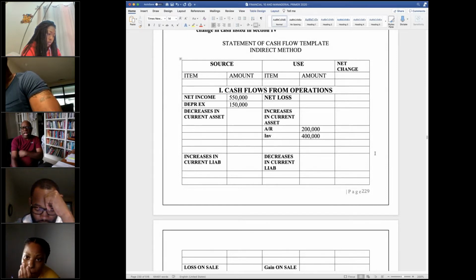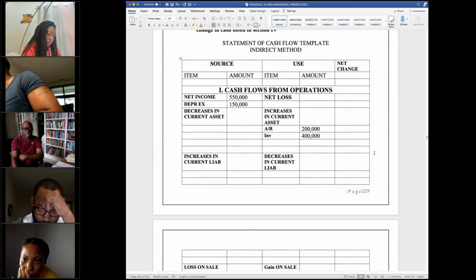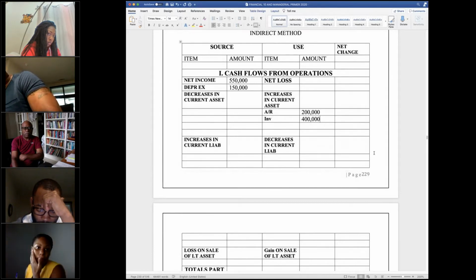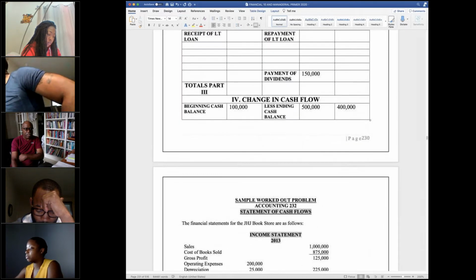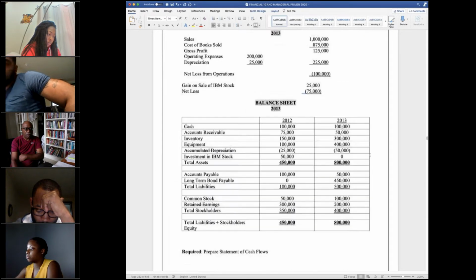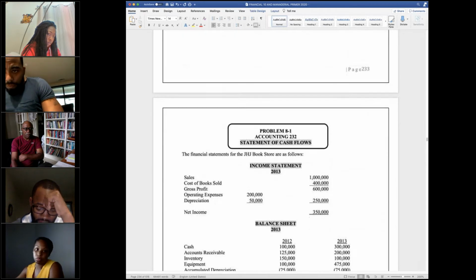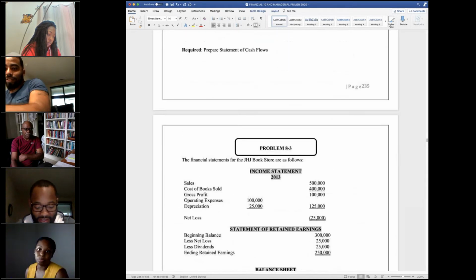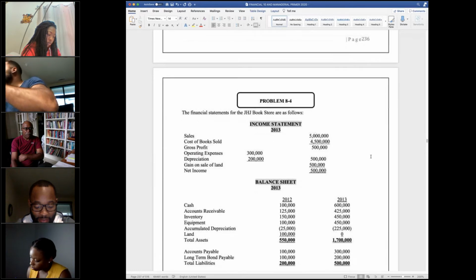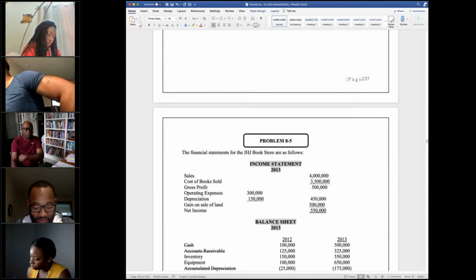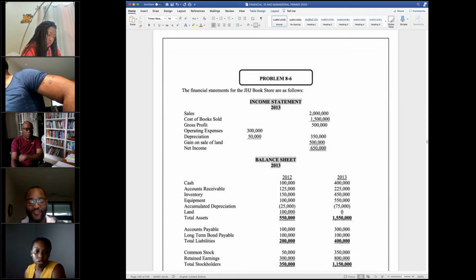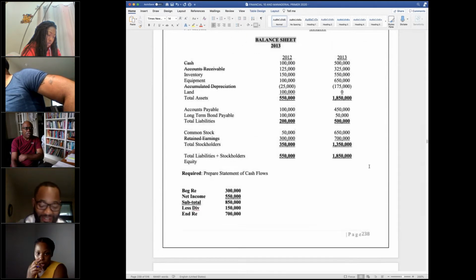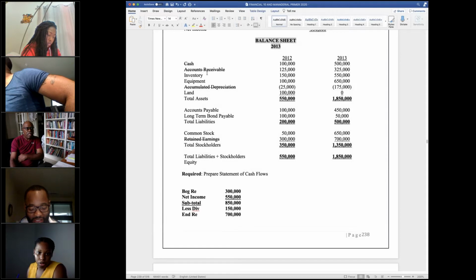So the balance sheet has them in that order, okay? So we go back down here. And now we can strike out another account.